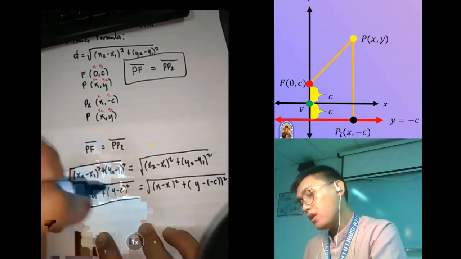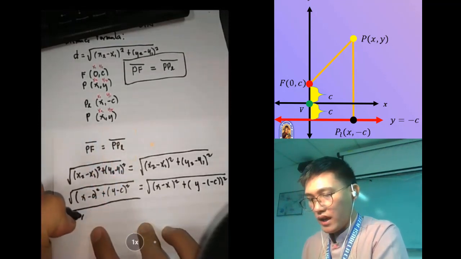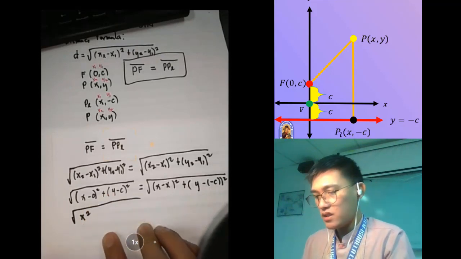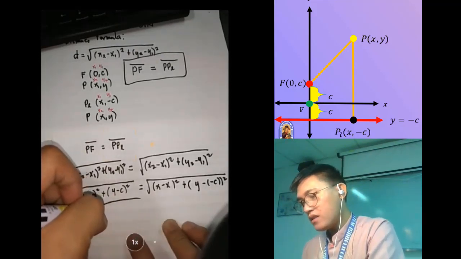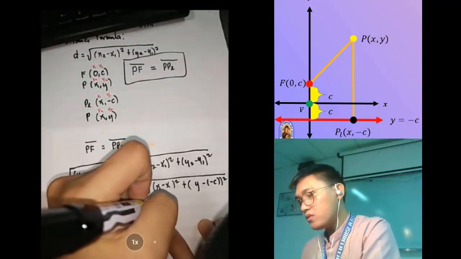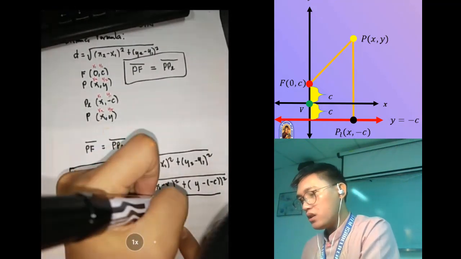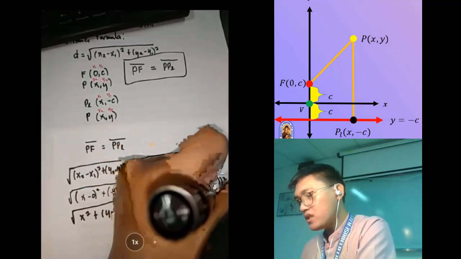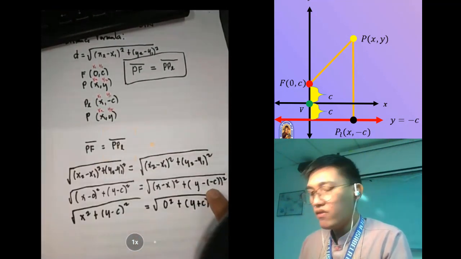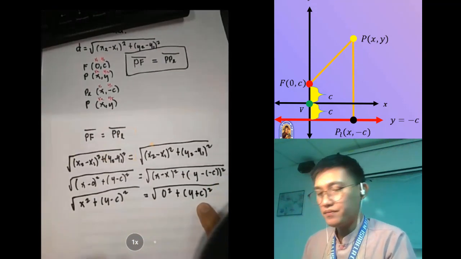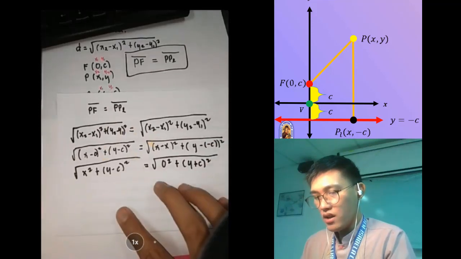Square root of x squared, because x minus 0 is x, plus y minus c squared is equal to the square root of 0 squared plus y plus c squared. Negative times negative, we will have positive c. Okay, let's continue here.